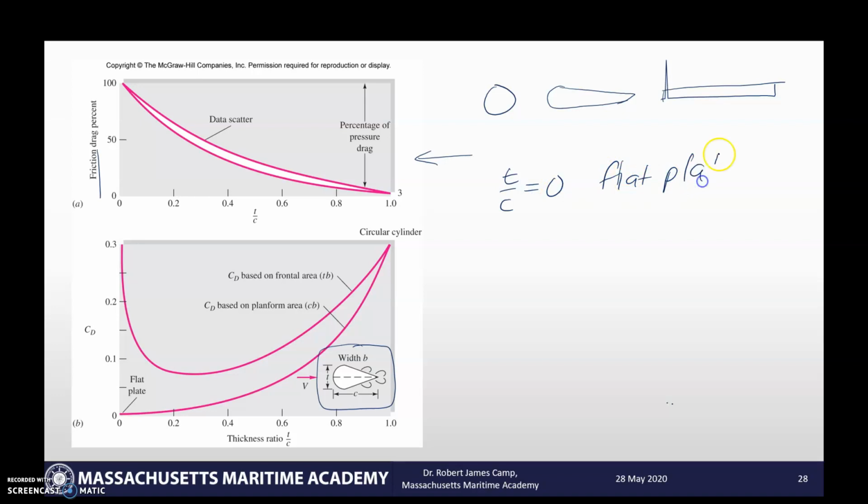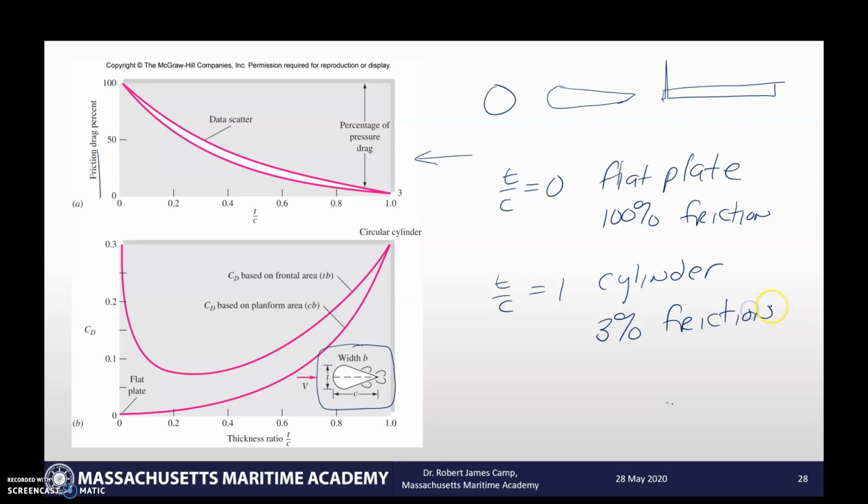If I look at that, pretty much 100% of the drag is friction drag. And then if I look at a T over C of 1, which is our cylinder, if we look at it, 3% of the drag is friction drag. So that means 97% of it comes from that form drag.